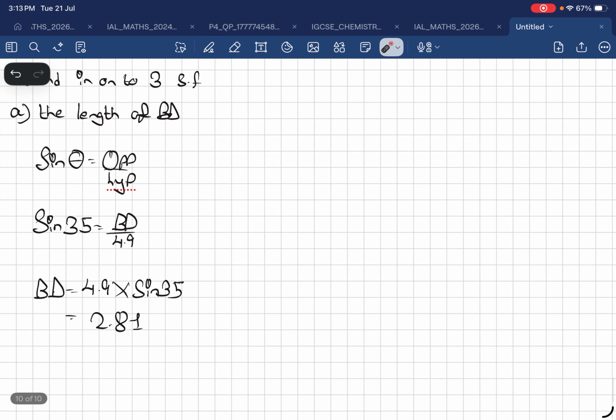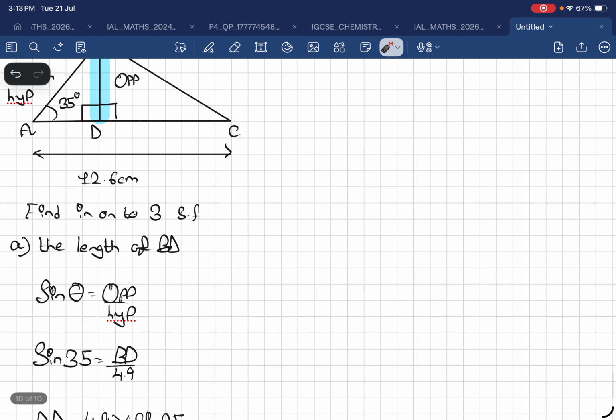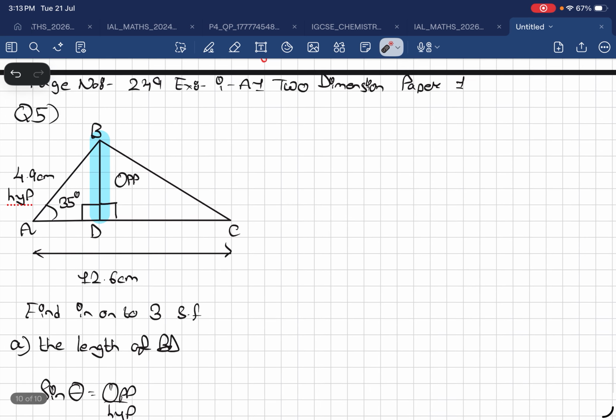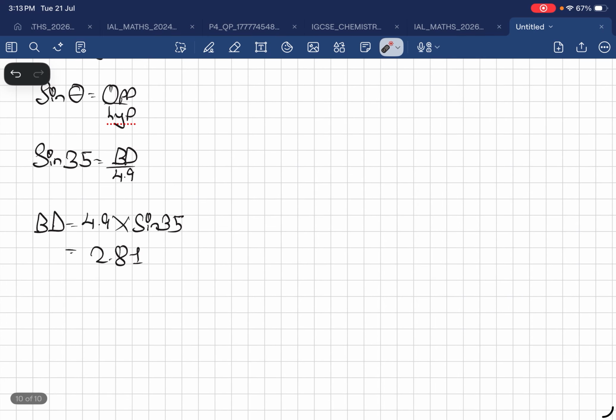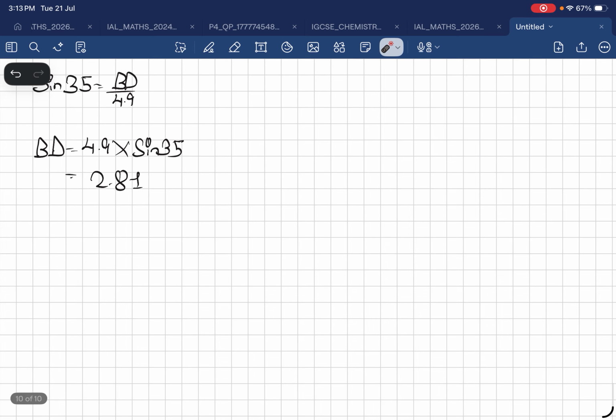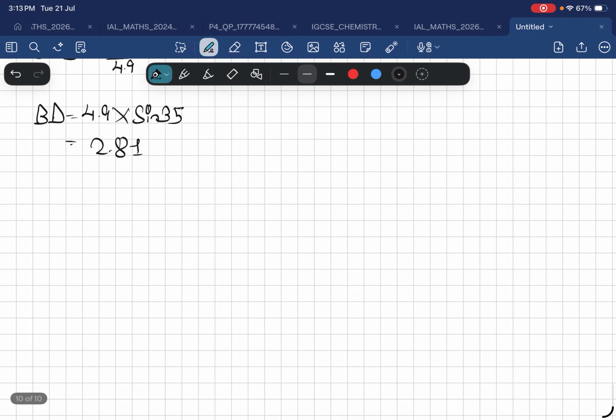They didn't tell us to find it in meters or millimeters, they told us to find it in centimeters, so we will not change the units. Number one, always check the units. It is very important. Always check whether you have written the magnitude of your answer in 3 significant figures. Do what the question says.